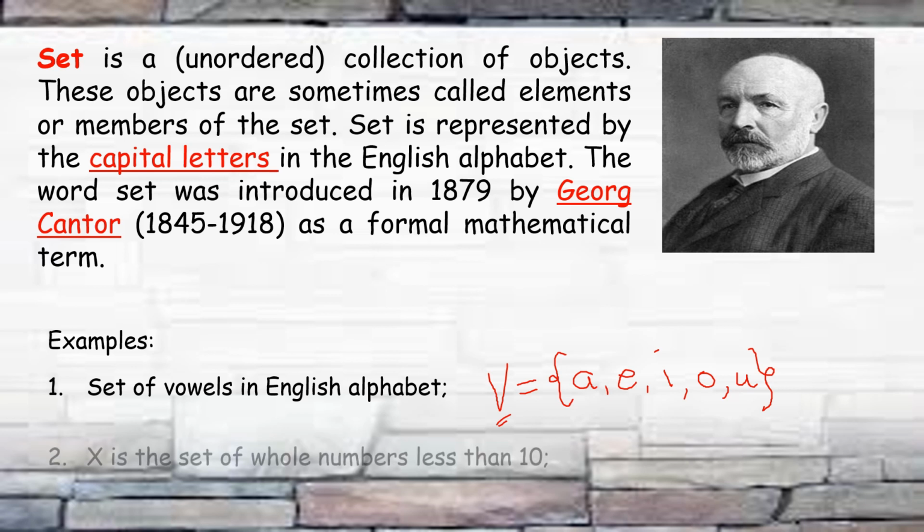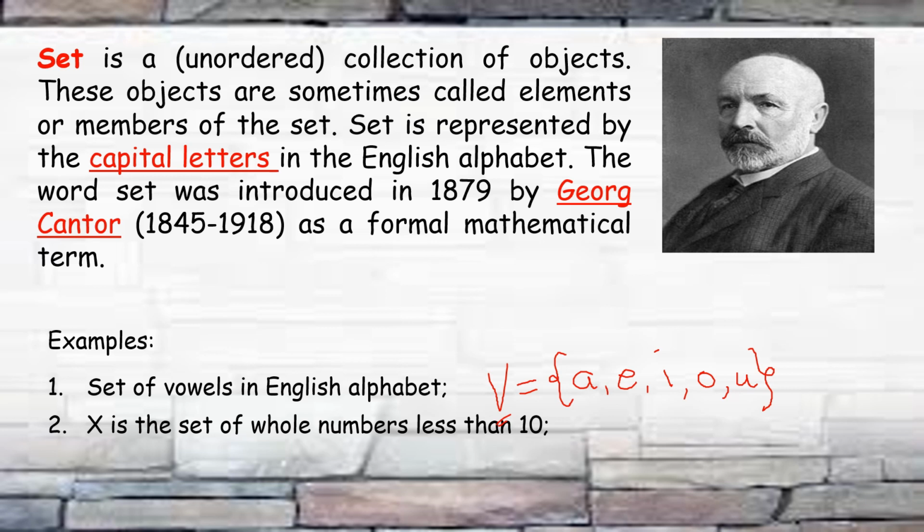Let's have another example. X is the set of whole numbers less than 10. In this part, the set already has a name, which is capital letter X. So what are the whole numbers less than 10?